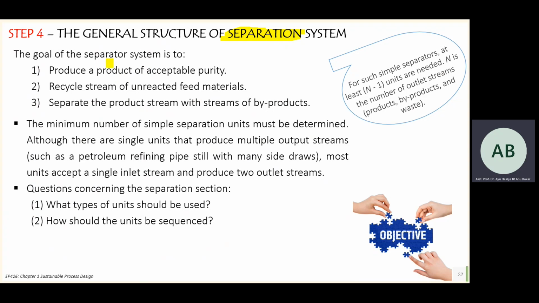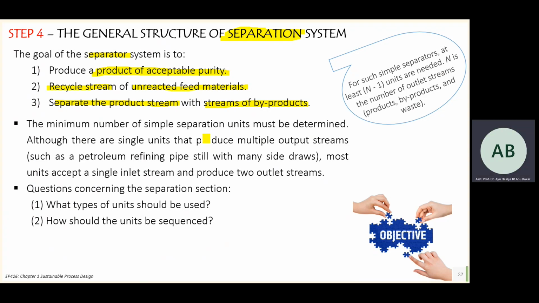The goal of separation is always to produce a high purity product, or recycle stream of unreacted feed materials, and to separate the product with streams of byproduct. Okay, your product and your byproduct.